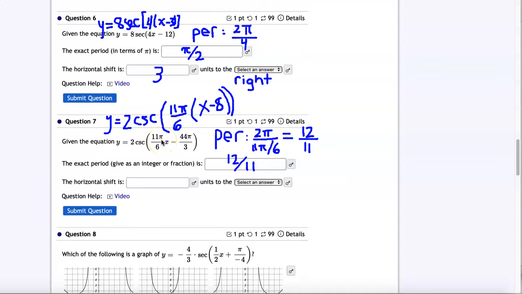So if you divide 44π/3 by 11π/6, it's the same as multiplying by the reciprocal, and you end up with 88π over 11π, which is 8. So that means that the shift is 8 units to the right.